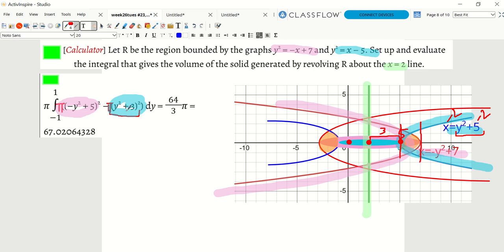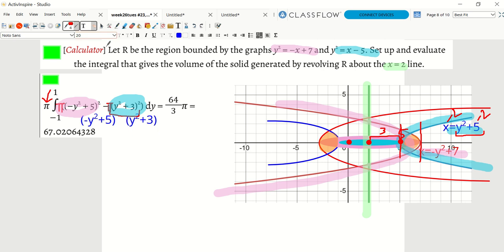And then you GCF out the pi and extract the pi over here. And then you just do a whole bunch of distribution and combine like terms. So what I like to do is write out another negative y squared plus 5, write that out here, and write out a y squared plus 3.